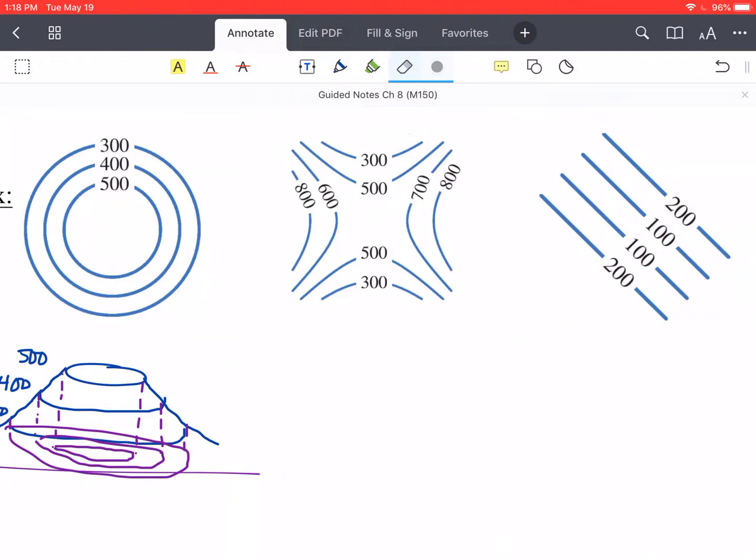Those are going to be somewhere like here and here. And then my 300s, it's going to be down here. And then for perspective, I'm going to put this one way down there.